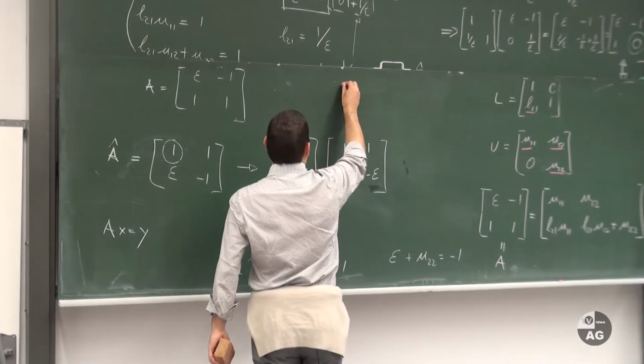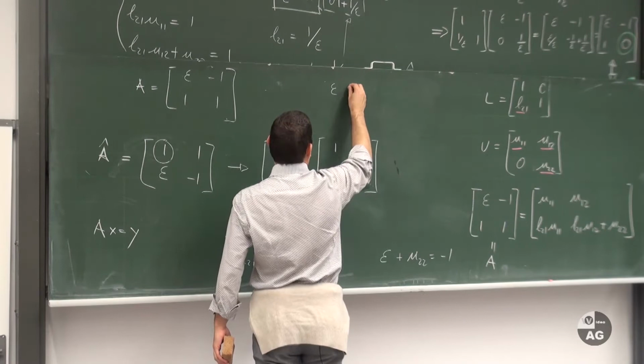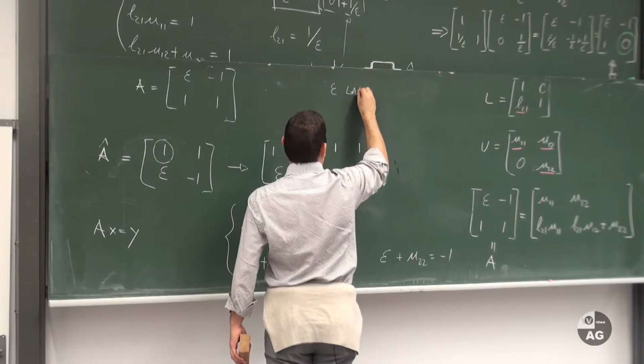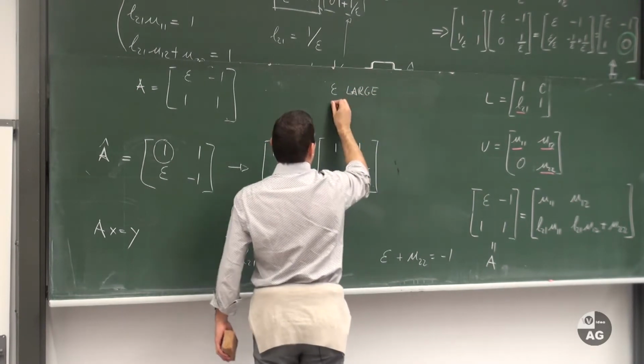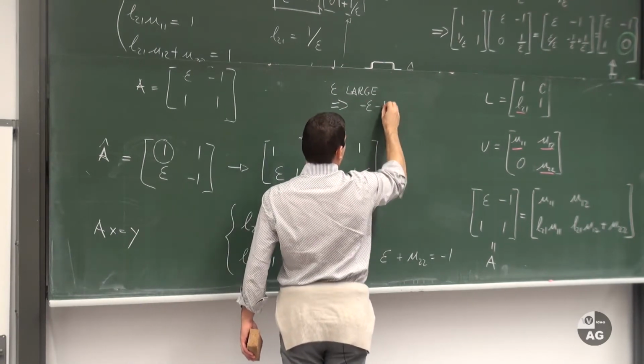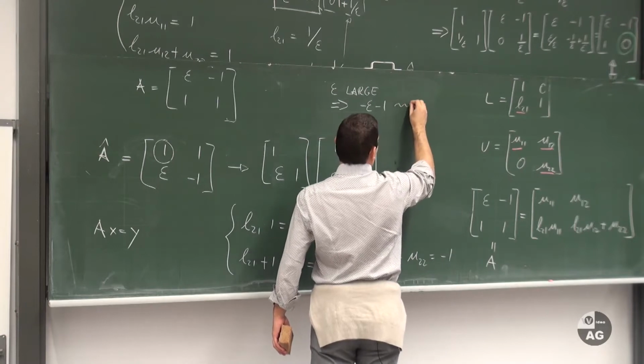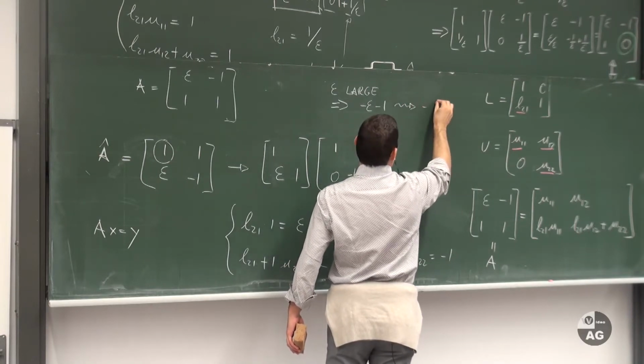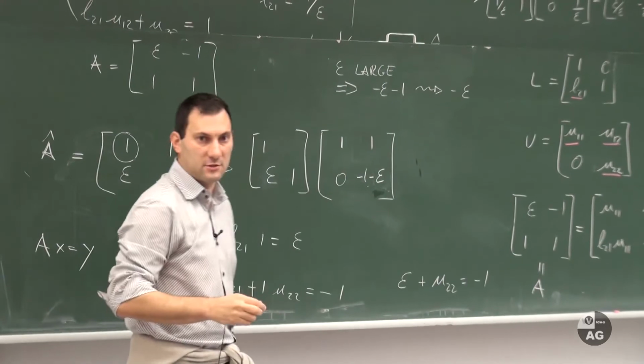So now epsilon is large. It's so large that minus epsilon minus 1 becomes minus epsilon. That's the question.